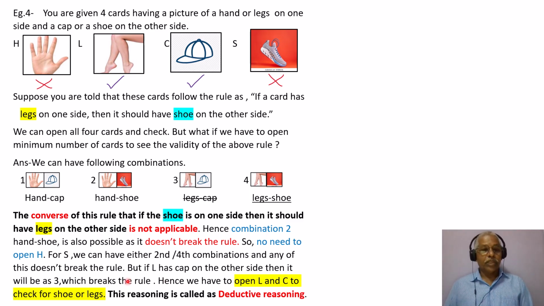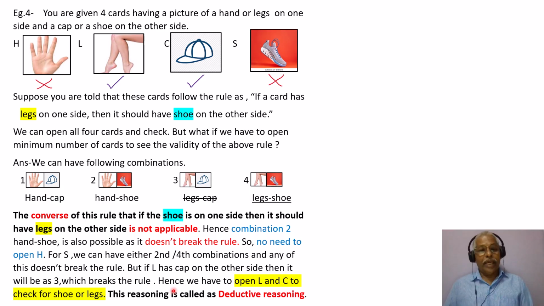But if L has cap, L means this, has cap on the other side, then it will be 3, which is not allowed. Got it? Think about it, you will get it. So we have to open this. But if L has cap on the other side, then it will be 3, which breaks the rule.